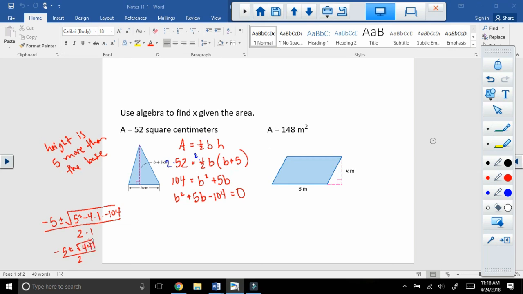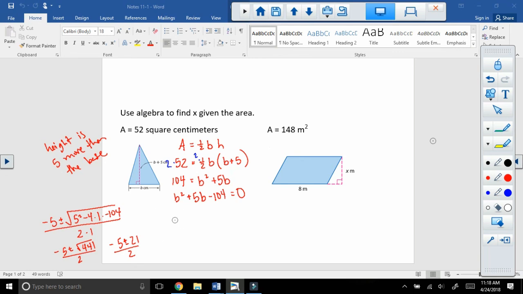The square root of 441 is 21. So negative 5 plus or minus 21 over 2. I'm not going to worry about subtracting this because a negative number is not going to make sense for that side of that triangle. So negative 5 plus 21 is 16. Divided by 2 is 8.